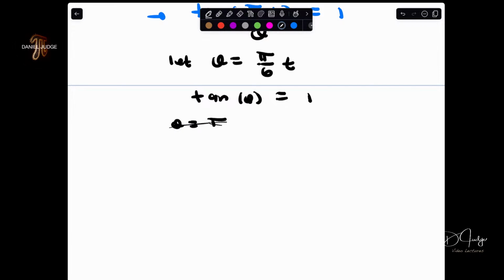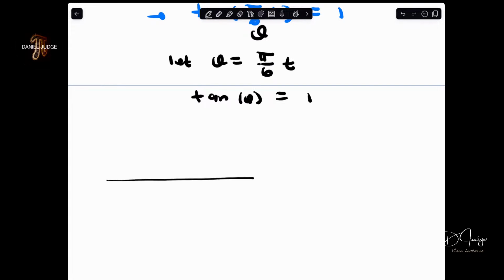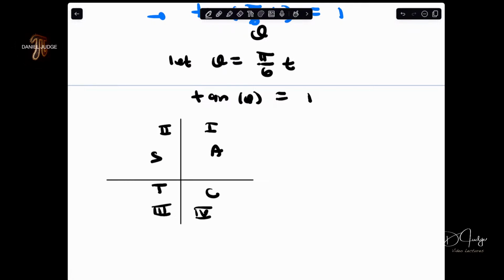Let's go back to our all students take calculus. You can see maybe a little bit better in case you forgot. Region 1, Region 2, Region 3, Region 4. And you say, all students take calculus.